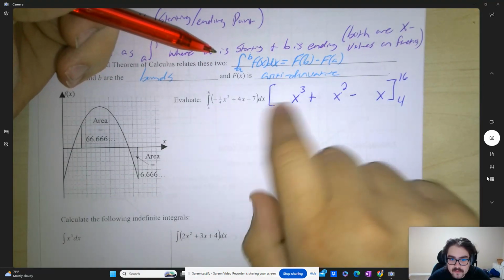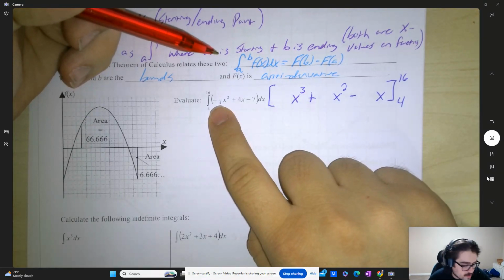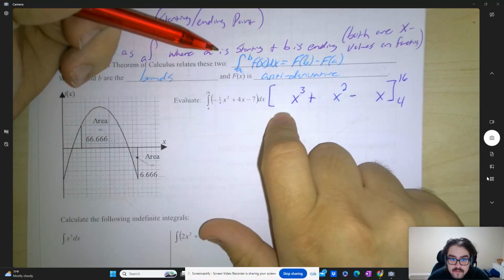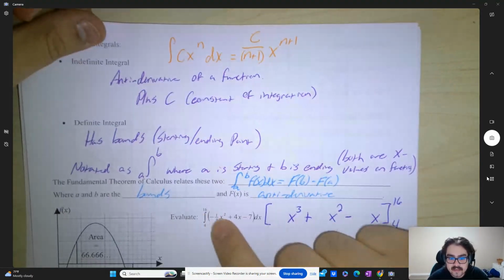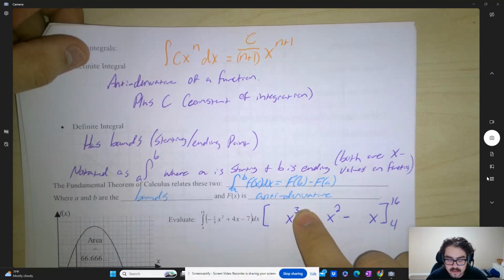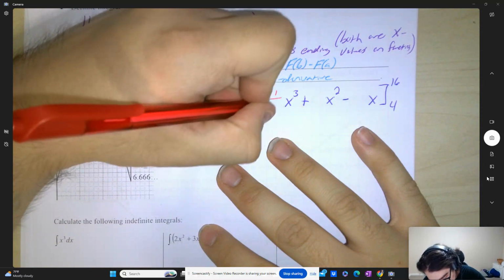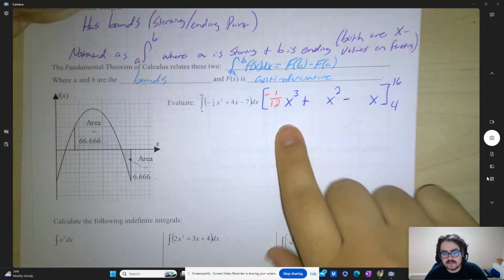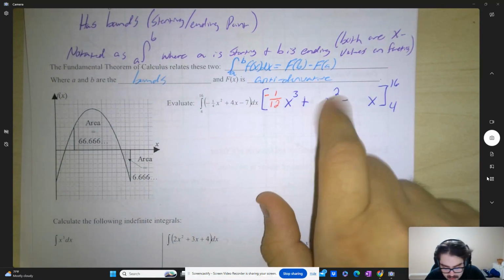Because when I bring the 3 down, I need to cancel, and it should end up with negative 1/4 in front of this x squared. The easiest way to do that is to follow the power rule up here. So I would take my negative 1/4 and divide it by the 3, and I end up getting negative 1 over 12. For the second one, it's a lot easier when you do whole numbers. I'm going to do 4 over the 2, and that gives me 2.